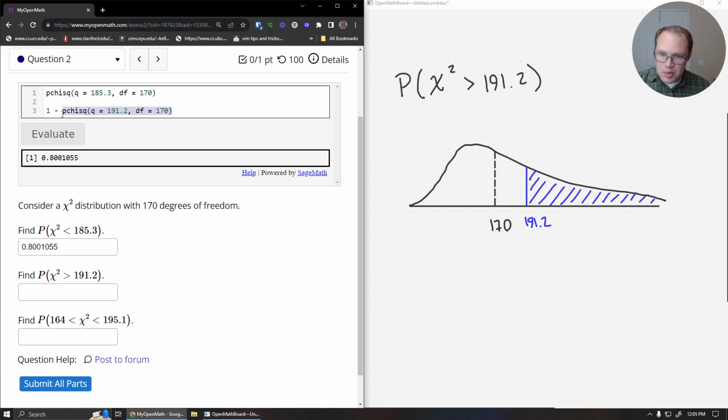And that's exactly what this calculates. So I take everything under the curve and subtract out what I don't want. And that's going to give me the area to the right of 191.2. And the probability is 0.1269467, about 12.7%. Okay?